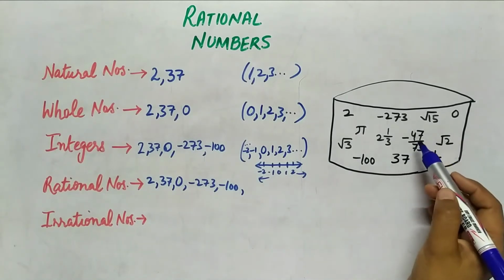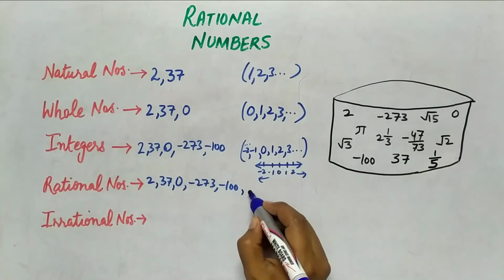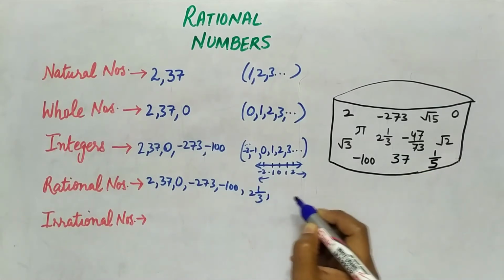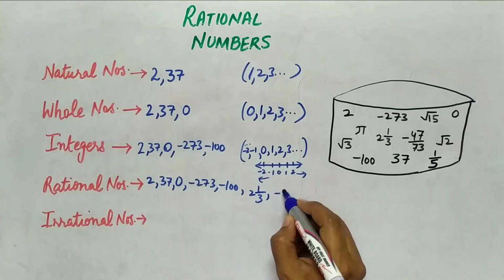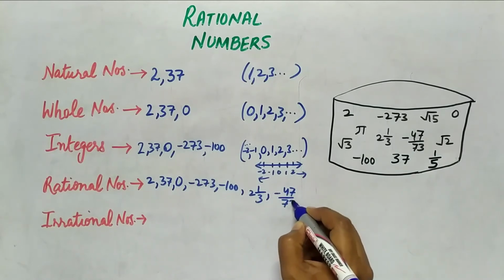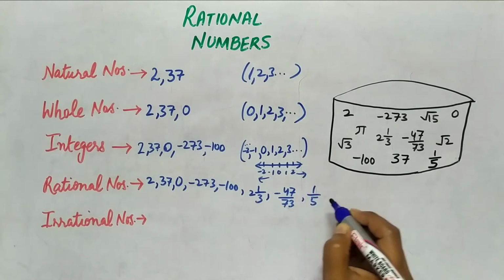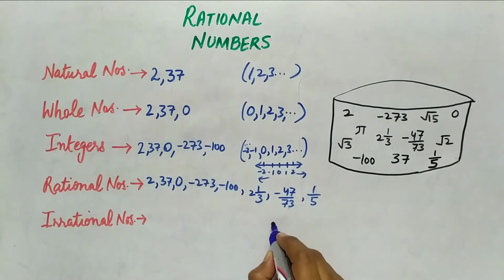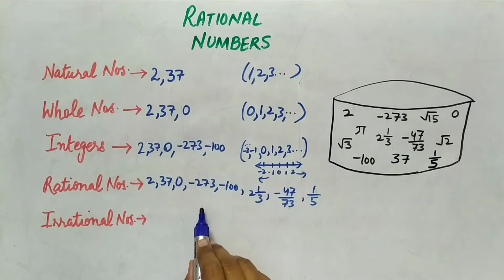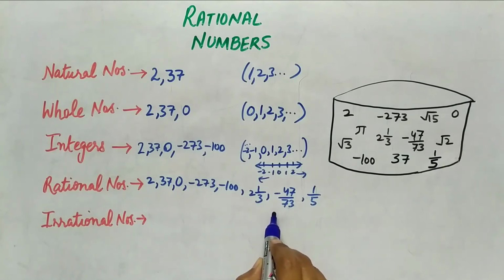The fractions. It can be a mixed fraction like this, minus 47 upon 73 and 1 upon 5. These are all rational numbers, the integers and the fractions.